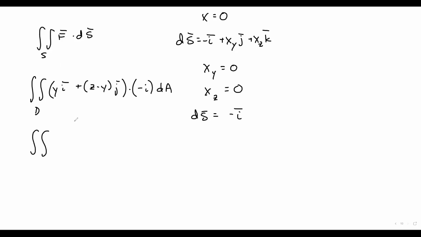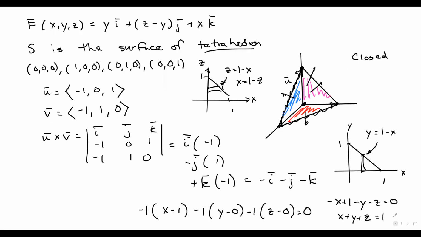And what happens? We're going to get negative y dA. And this time, can we be clever? It's going to be the same graph. But if we were to just sketch this without the 3 dimensions, we would get the following picture. So we've got 1, 1, and then this side here. Now this is in terms of just y's and z's. So this is z equals 1 minus y, right?